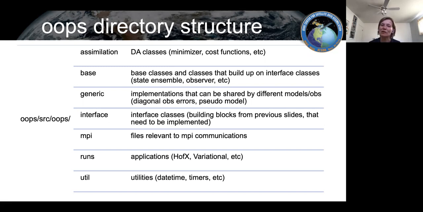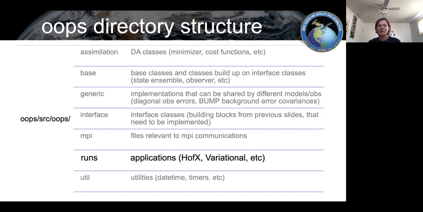So that's where you could find things like pseudomodel. Pseudomodel is not a model propagated with an actual physical model, but instead it's trying to read the states. And the diagonal observation errors also live there. And then there are a couple of utility directories that contain utility classes.